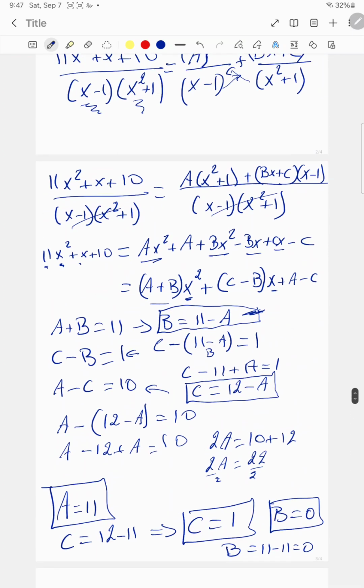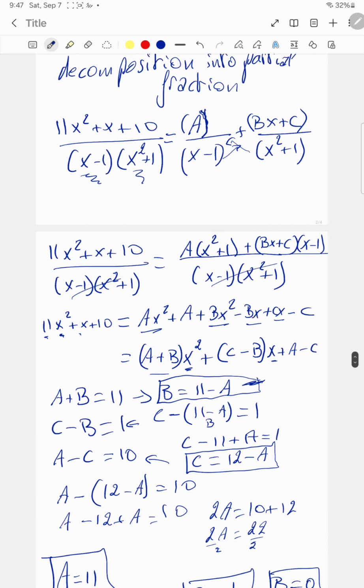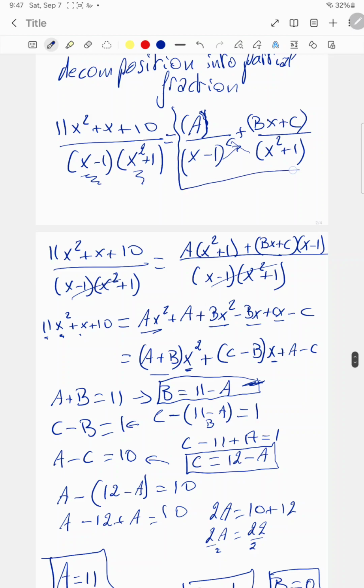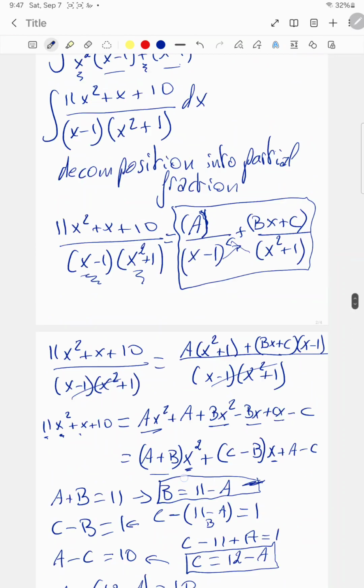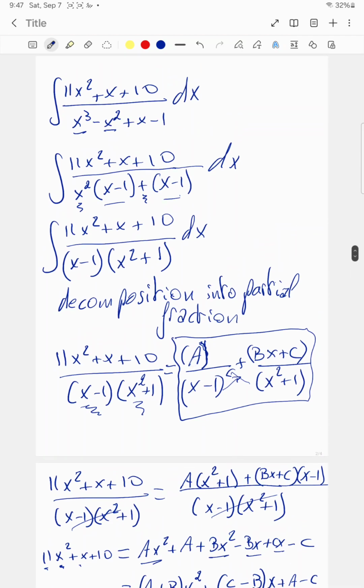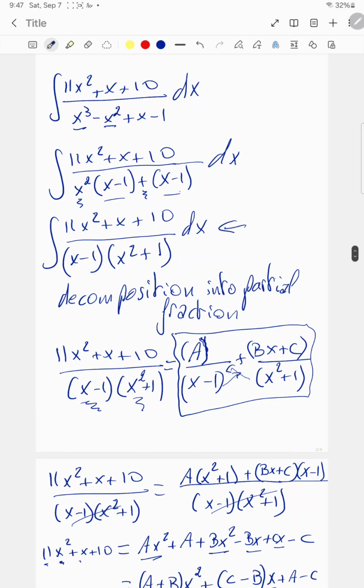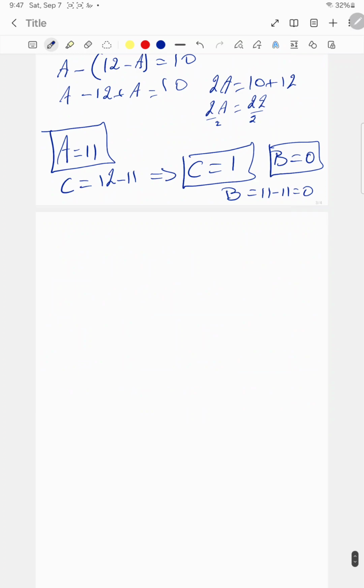So if I go back to the integral, I can write it by replacing a, b and c by their values. Let's write it down here.